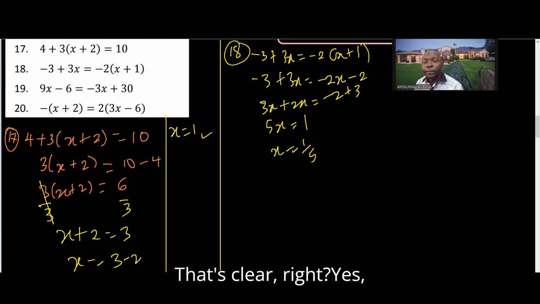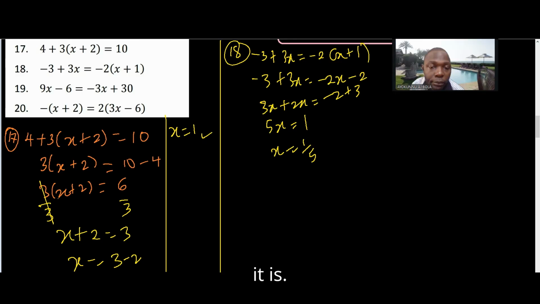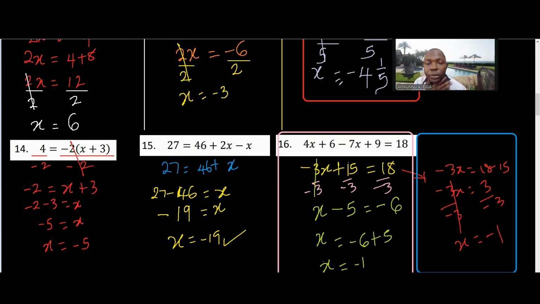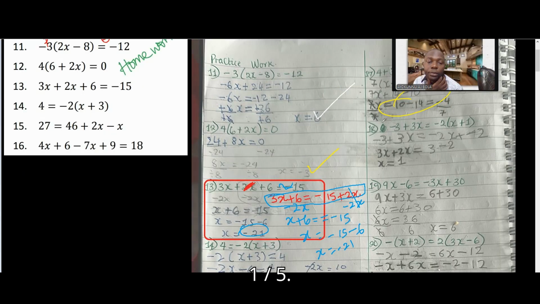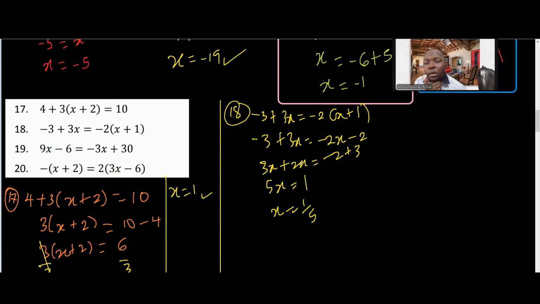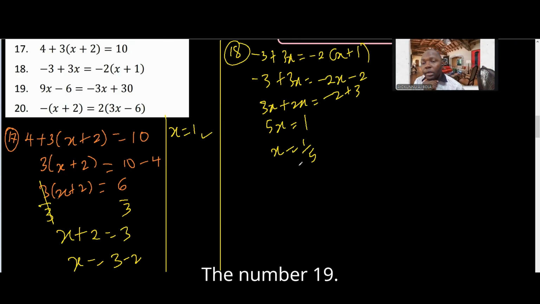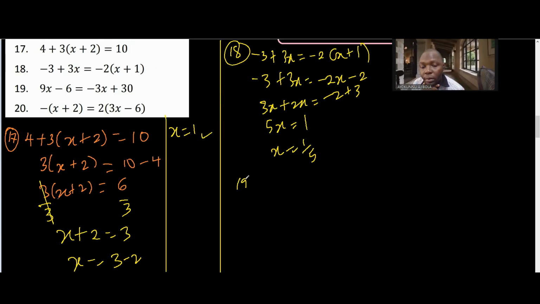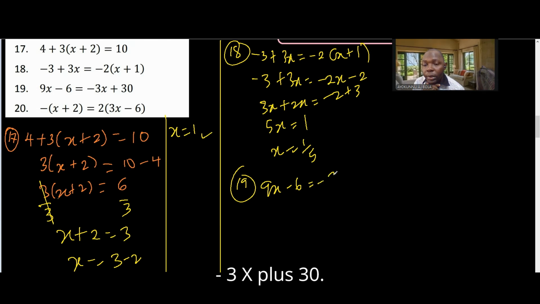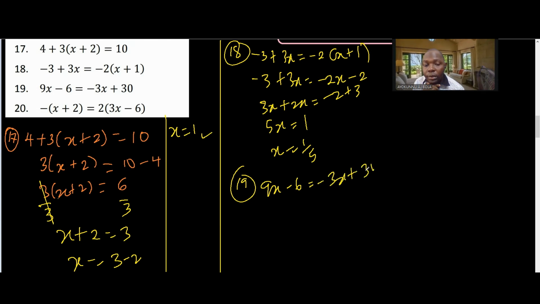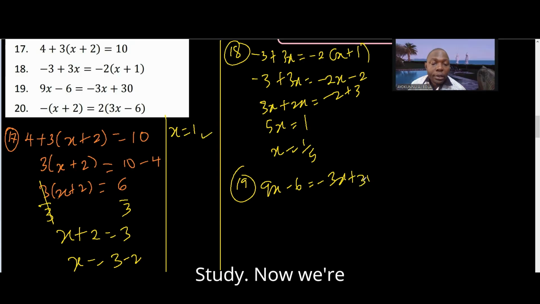That's clear, right? Yes. Okay. X equals 1 over 5, so that's number 18. It should be 1 over 5. Then number 19, we have 9x minus 6 equals minus 3x plus 30.